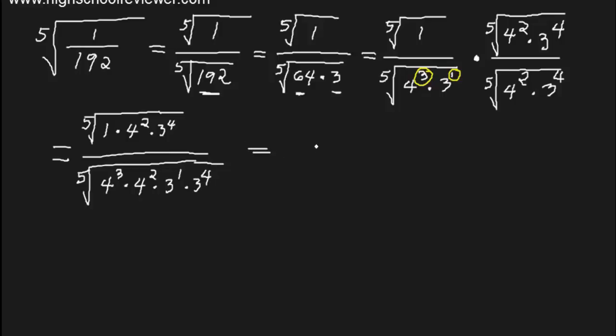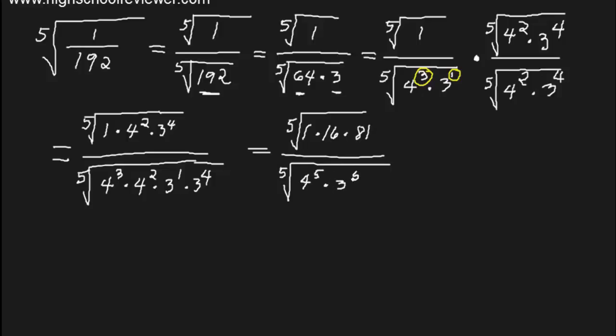So this will be the fifth root of 1 times 4 raised to 2, which is 16, times 3 raised to 4, that will be 81, all over the fifth root of 4 raised to 5 times 3 raised to 5.